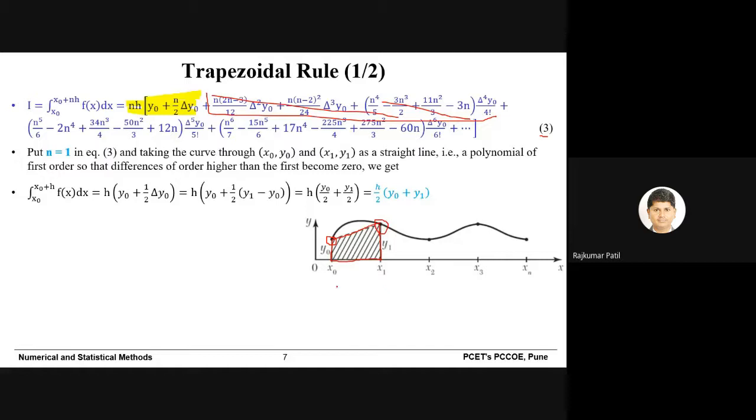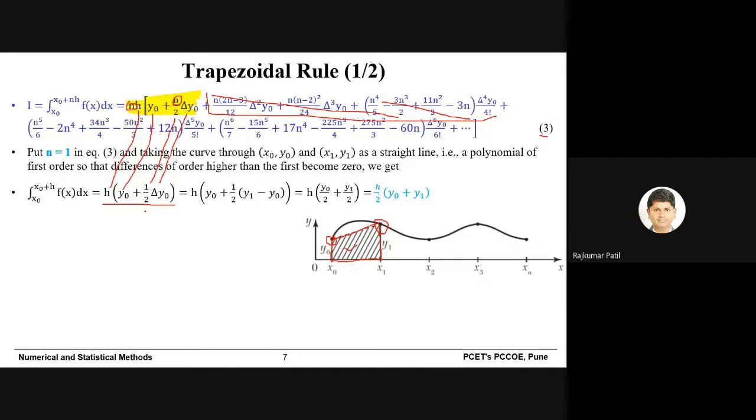So for this given trapezoid, when you put the values in equation number 3, the equation will become h, because n is 1 and h stays as it is, y0 plus 1 by 2 del y0.